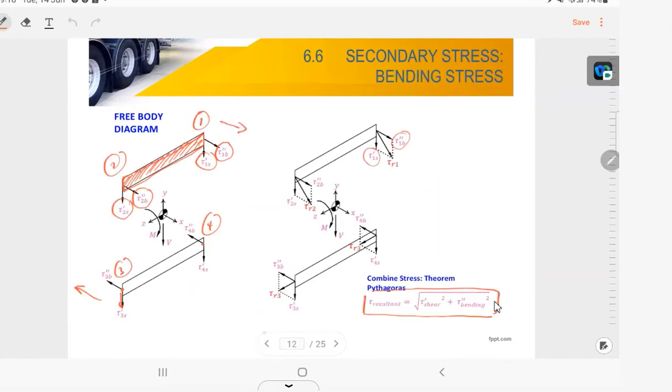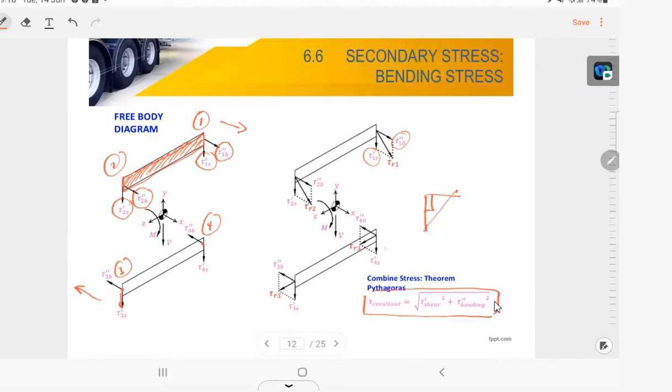So for the bending stresses, okay, because it is 90 degrees, it's quite easy that you just use Pythagoras theorem.